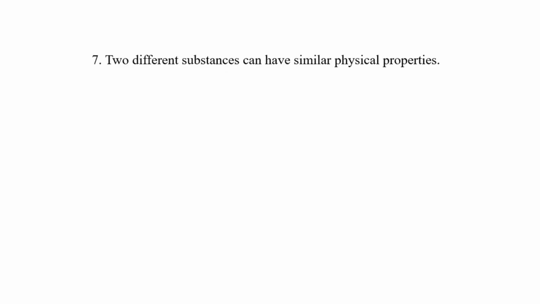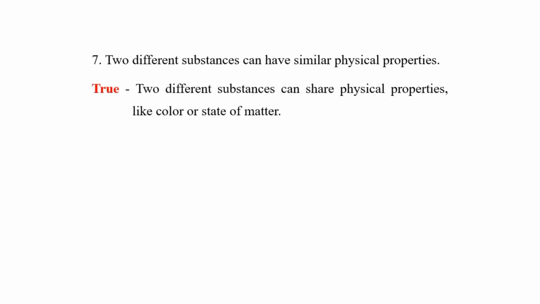Question number 7. Two different substances can have similar physical properties. The answer is true. Two different substances can share physical properties like color or state of matter.